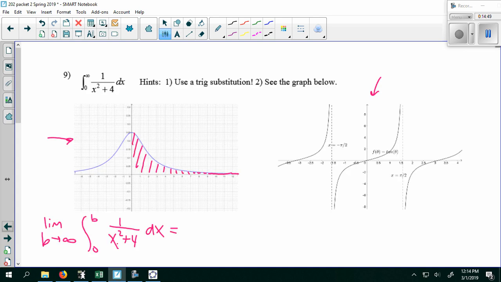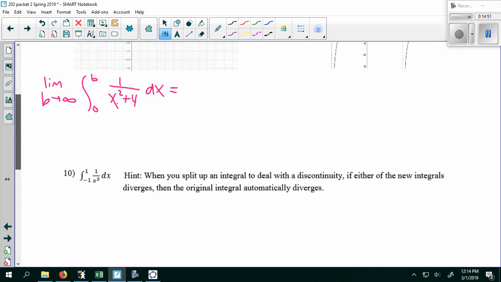I go back to my improper integral and copy down the limit as b goes to infinity. Now the antiderivative of 1 over x squared plus 4 is 1/2 the arctan of x over 2, and I have to evaluate that from 0 to b.